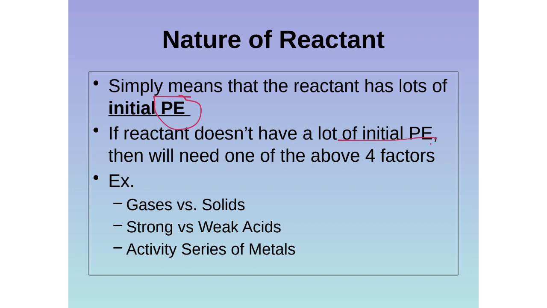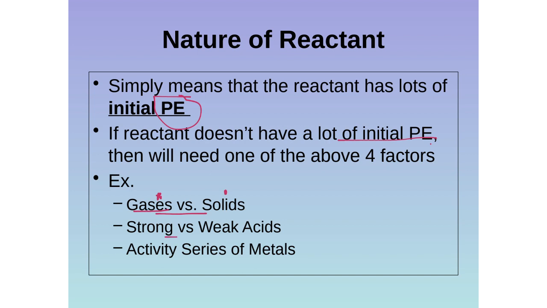So change the temperature or surface area. But changing out the nature of a reactant can only be done in a few ways. For example, if it was feasible to do so, gases have higher potential energy than liquids or solids. Solids have very, very low potential energy. So there's an example of maybe maintaining the identity of a reactant, but changing the state into the gas phase, which would have more potential energy.